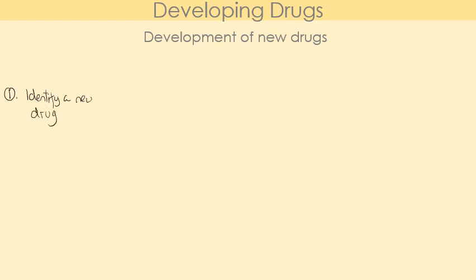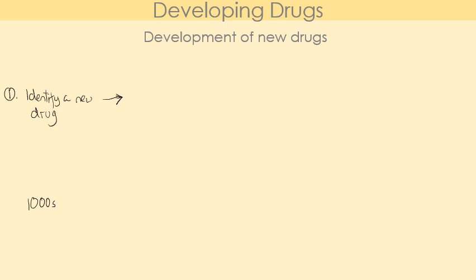We're now going to have a look at how new drugs are developed and the process that we go through. So we have numerous steps. Our first step is to identify a new drug. At this point, we might have thousands and thousands of drugs that we can think might be useful.